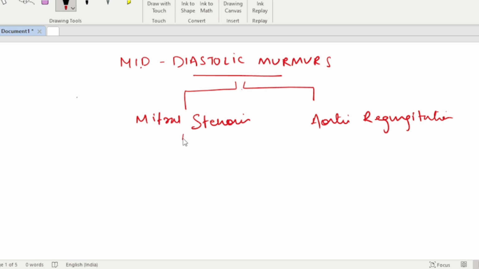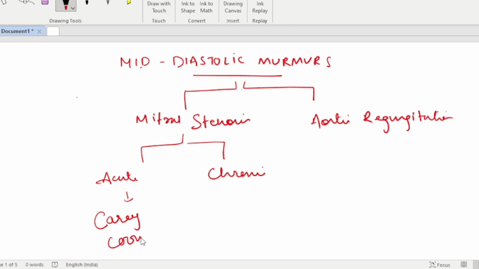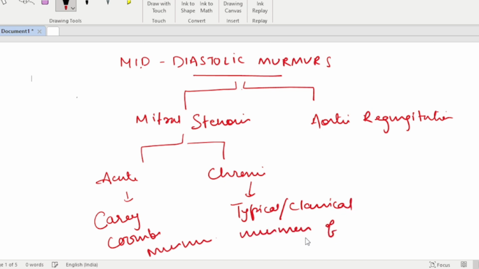Because of the mitral stenosis, we have two types of murmur. One is the acute mid-diastolic murmur, another is the chronic mid-diastolic murmur. The acute one, we know as the Carey Coombs murmur, and the chronic one is the typical or classical murmur of mitral stenosis.